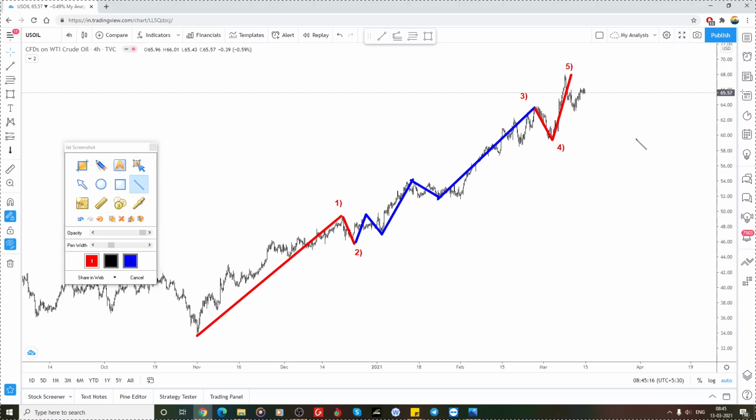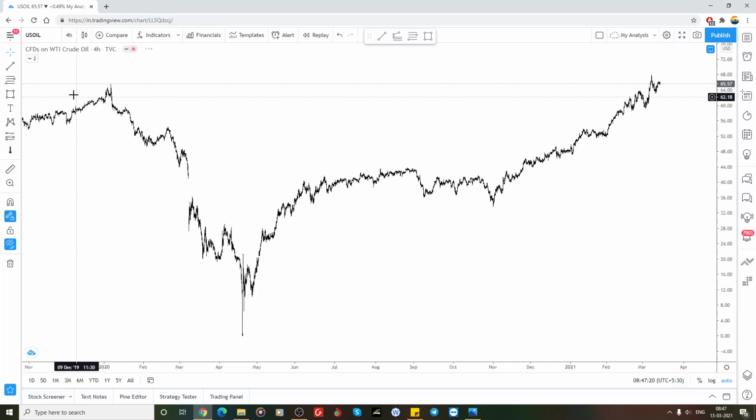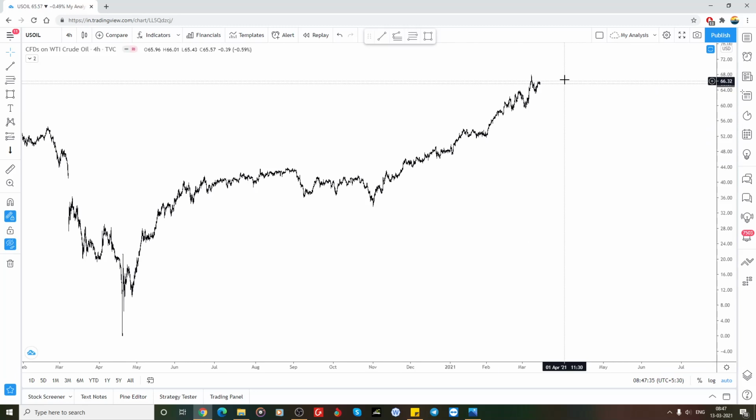So what are we expecting once the 5th wave is complete? To the downside, a three-wave structure. So in that case, if we keep this as a B, the 5-wave is already over, means A, B, C, and we are expecting the bigger C wave to the downside, A, B, C, or the flat correction.